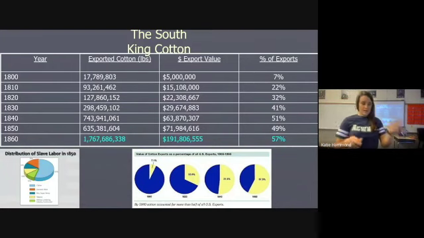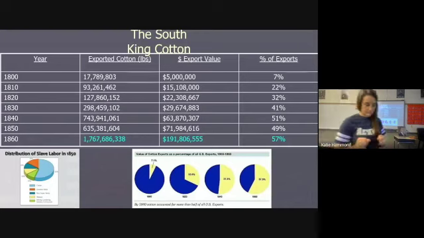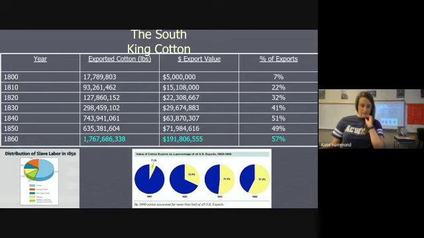Just do the 1800 one and the 1860 one. And again, you can just say 57% and 7%. That's fine.